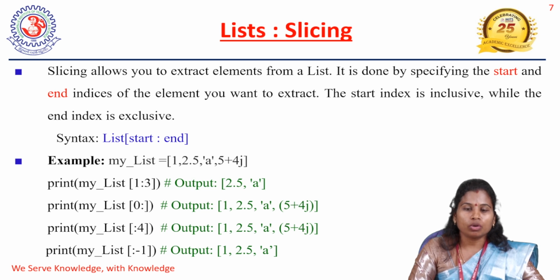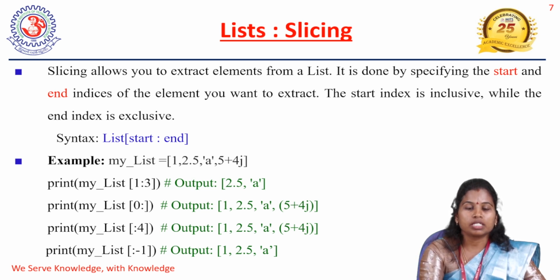Now I want to apply the slicing operation on my list. Here I can use either positive indexing or negative indexing. First we are discussing positive indexing values. Here the first indexing value is 1 colon 3.